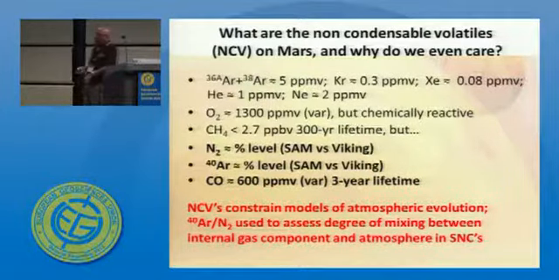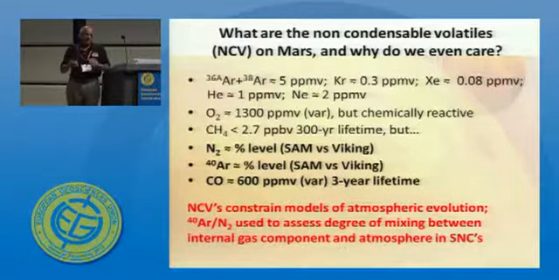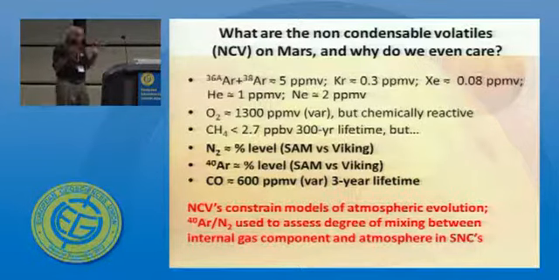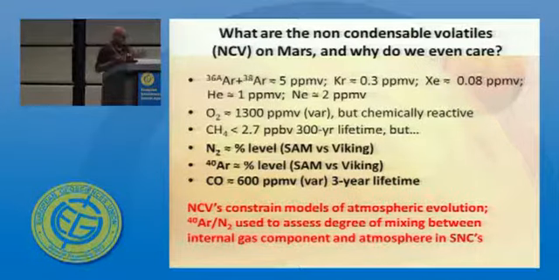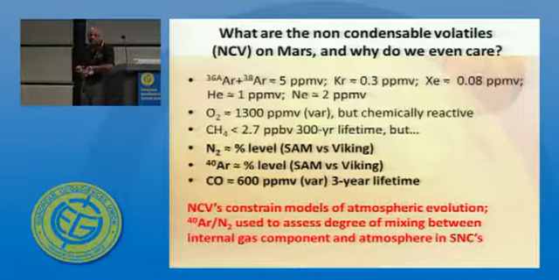Now, why do we care about the abundances of the non-condensable volatiles? First of all, they provide a reference. Today, you want to know what the exact composition of the atmosphere is. You can then use this as a constraint in the models of the evolution of the atmosphere.